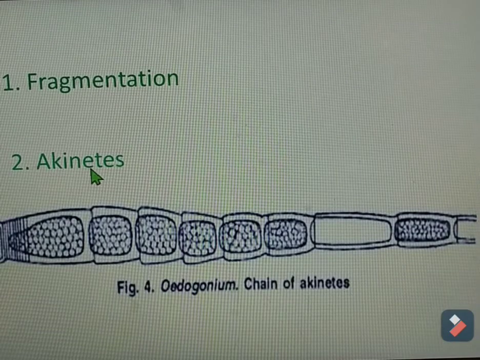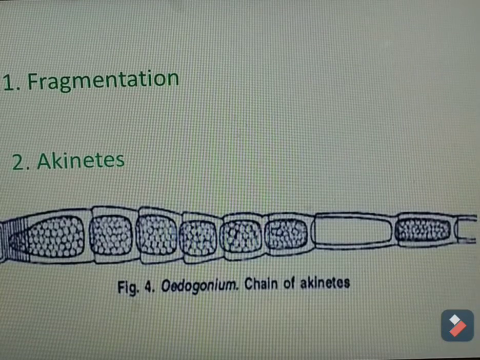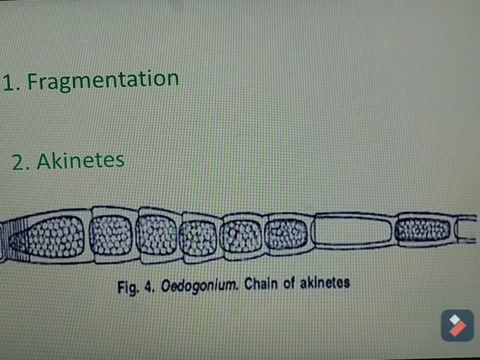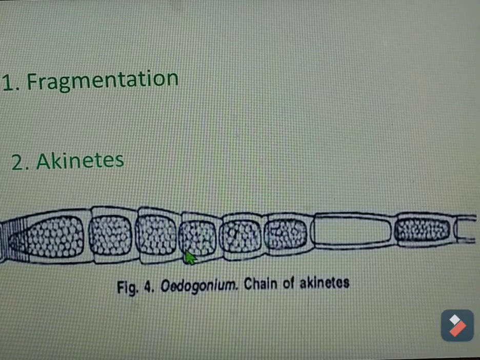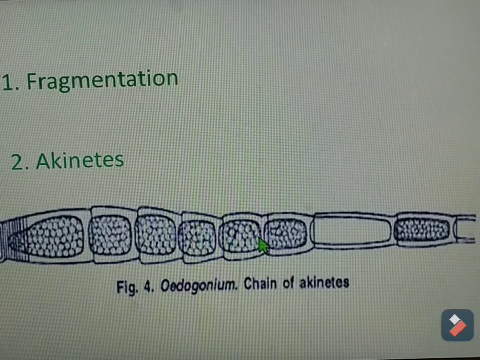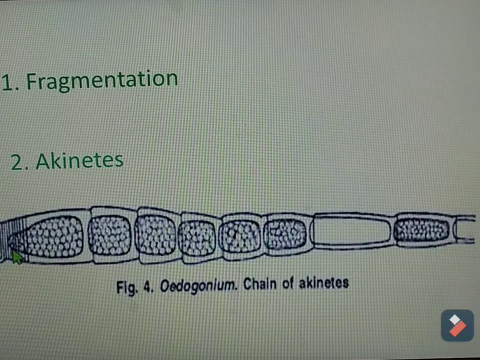Now the next one is the akinetes. These akinetes are thick-walled reddish or brownish structures which are usually formed in small chains, as you can see here, chains of akinetes.